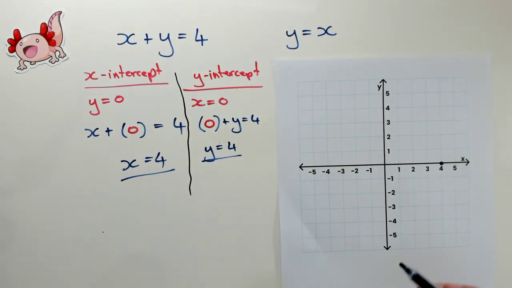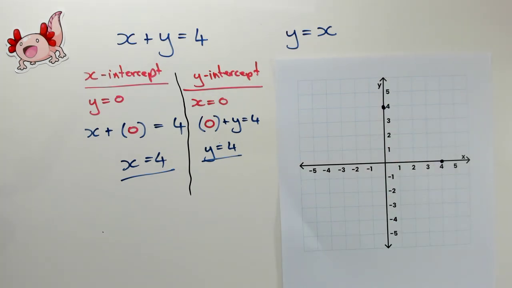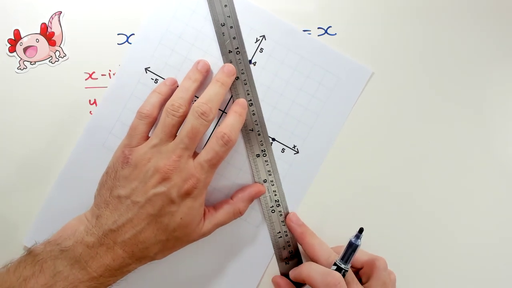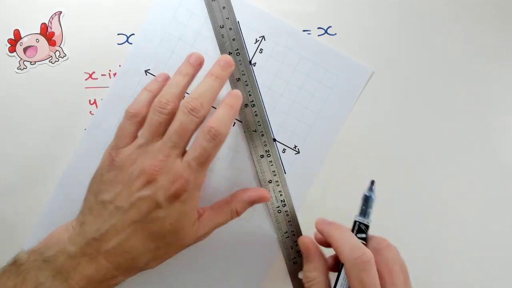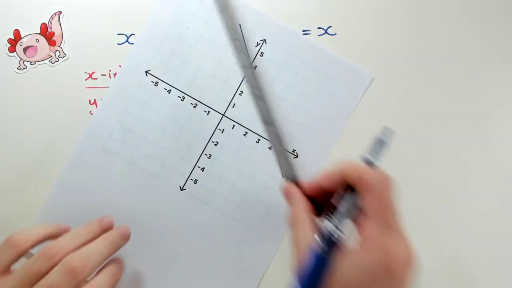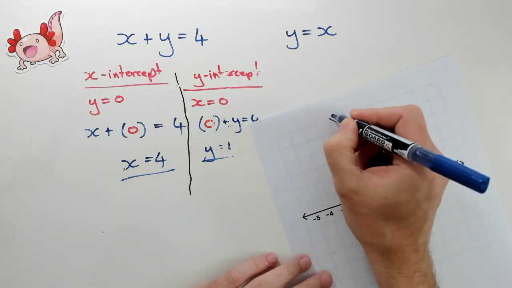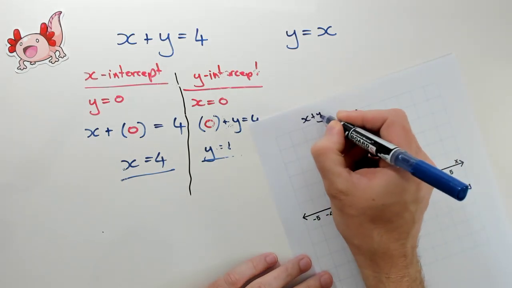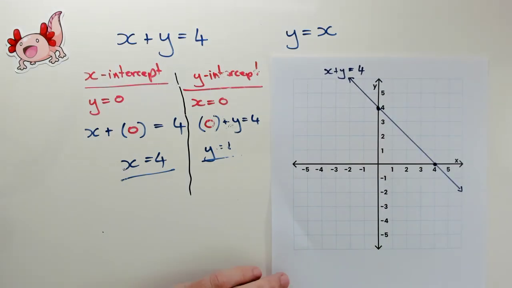Very straightforward. So I'm going to look for y is equal to 4. I have a ruler, and I'm going to draw the line right over there. Quickly label this one: x plus y equals 4. Okay, so I drew that one.